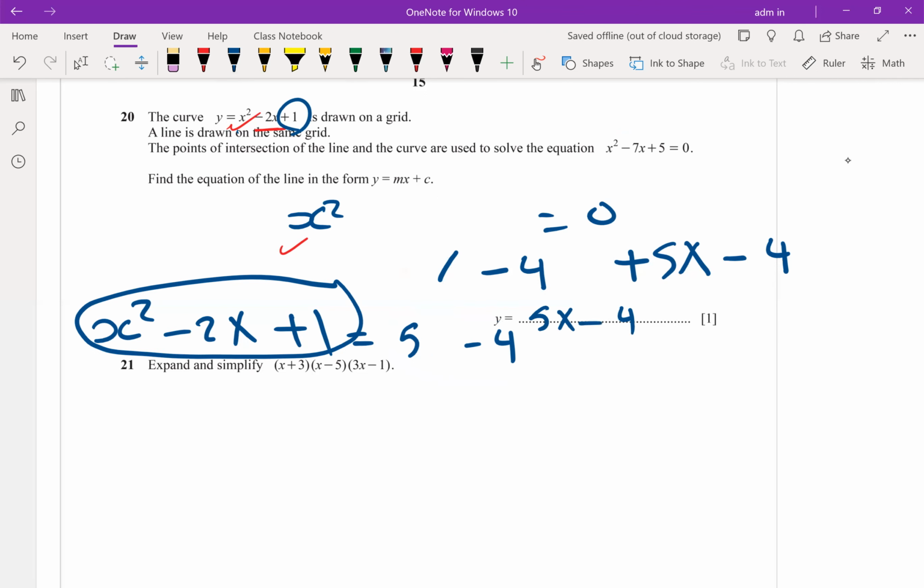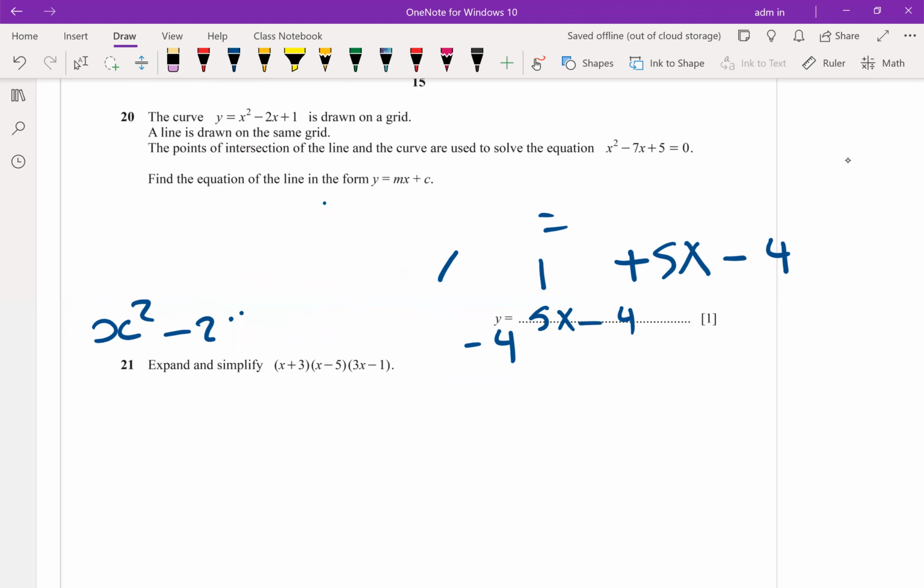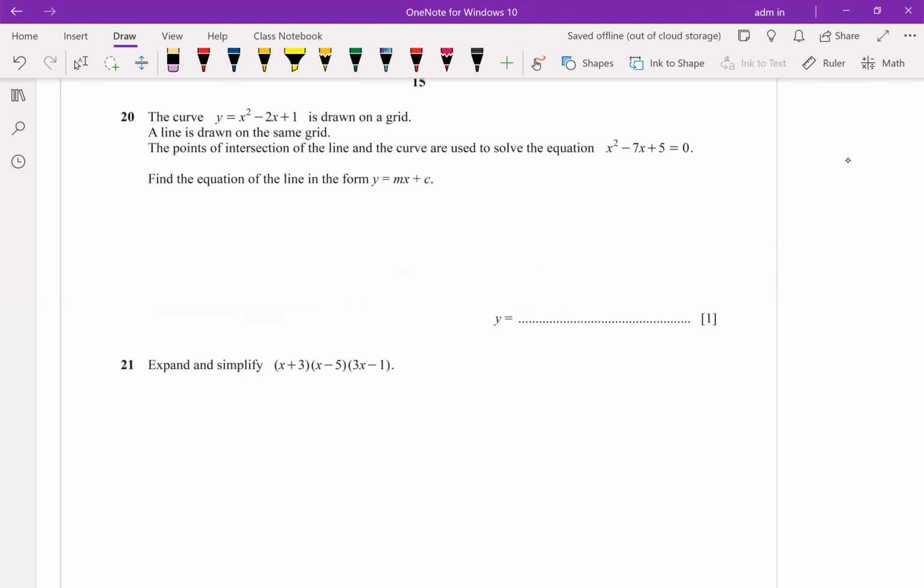I will repeat it again. Graphically, how to rearrange your equation to solve it graphically. That can appear in paper 4 graphs. If we have the graph of a quadratic and the graph of a line, how to solve it graphically, the intersection. Look at the left-hand side of the equation. How to use the graph of this function to solve the equation graphically. You have to rearrange the left-hand side to be exactly like your function given.